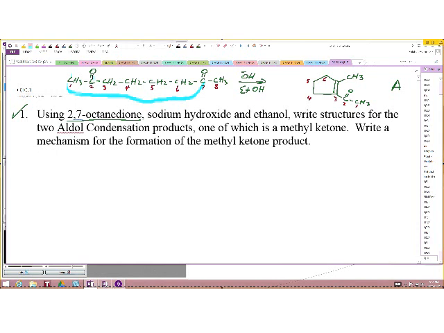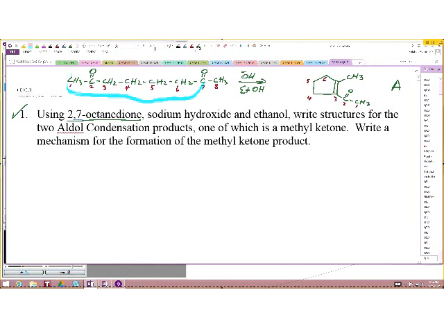So carbon 1 will be your nucleophilic carbon, and carbon 7 will be your electrophilic carbon. Therefore, how many atoms are within the ring system of this new compound? 7? Okay, very good. So that is 1, 2, 3, 4, 5, 6, and 7.